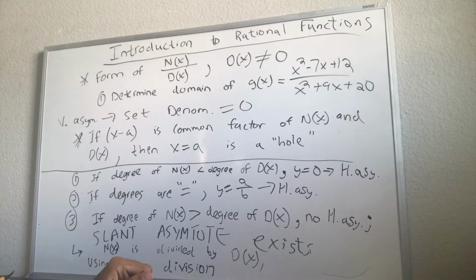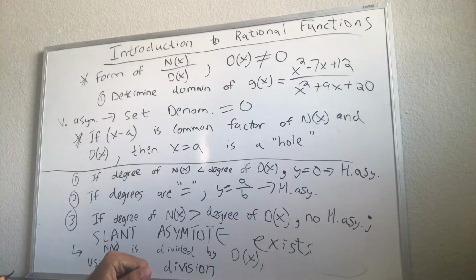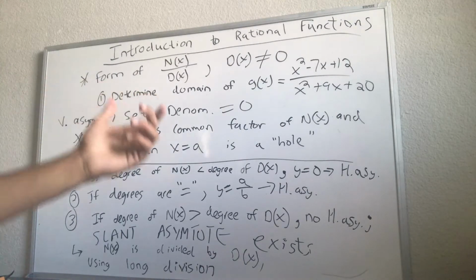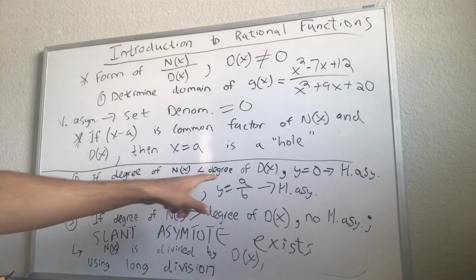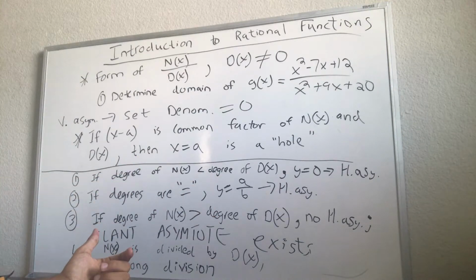Say it was something like x squared divided by x cubed. The degree in the denominator would be 3, the degree in the numerator would be 2, and because the degree in the denominator is greater, your horizontal asymptote is automatically y is equal to 0, which is just the x-axis basically.